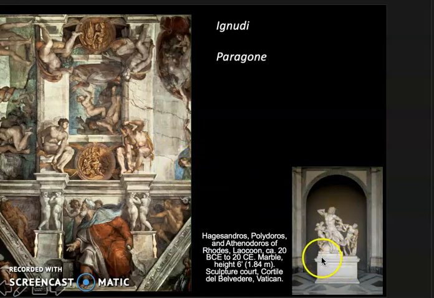And it's interesting because we know that these painted figures that are so sculpture-like are partly a response to this sculpture, which was literally dug up in a farmer's field in Rome while Michelangelo was painting the ceiling. This is a very famous artwork that dates back to the classical Greco-Roman period.